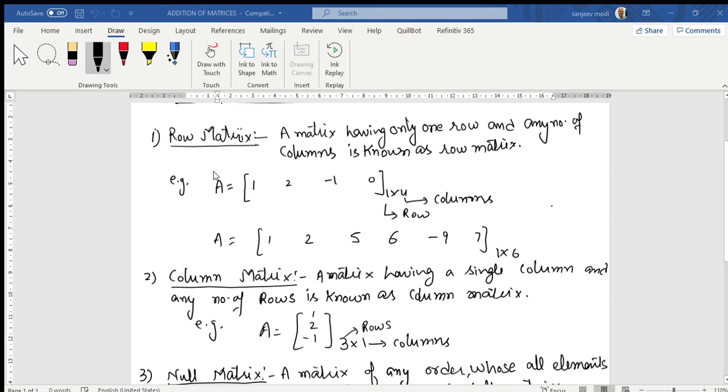The sum of diagonal elements of a square matrix is known as trace of a matrix.